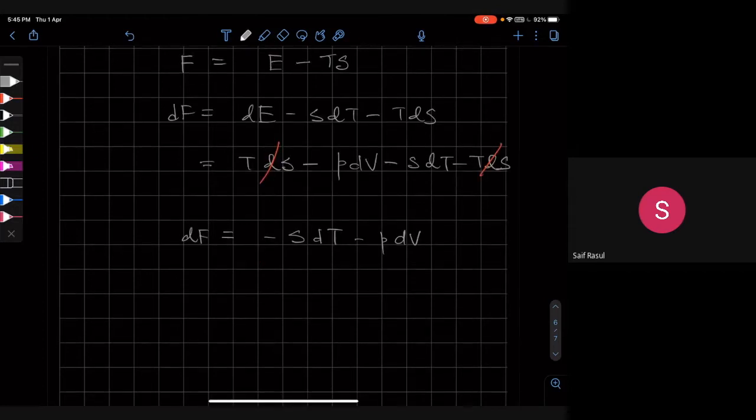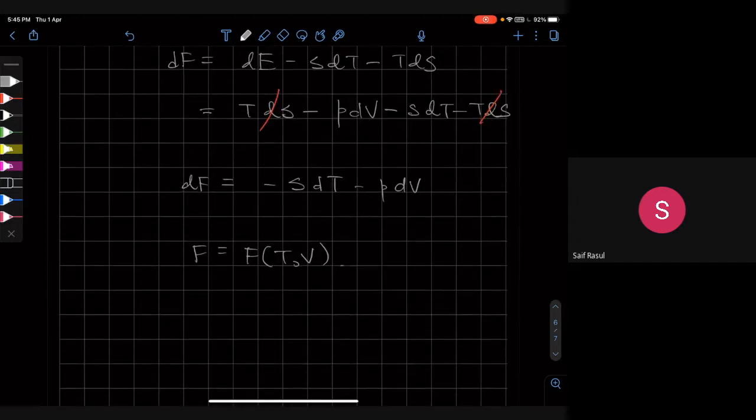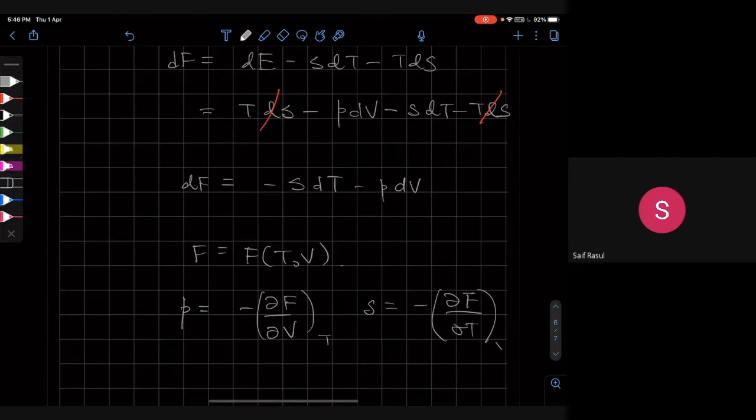So this means that F is a function of temperature and volume, and P is minus the derivative of F with respect to V, keeping T constant, and S is minus the derivative of F with respect to T, keeping the volume constant.